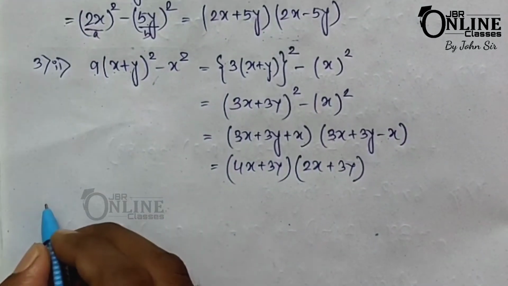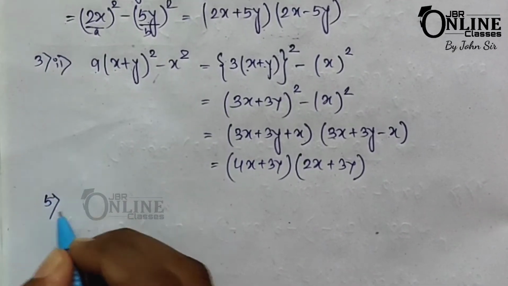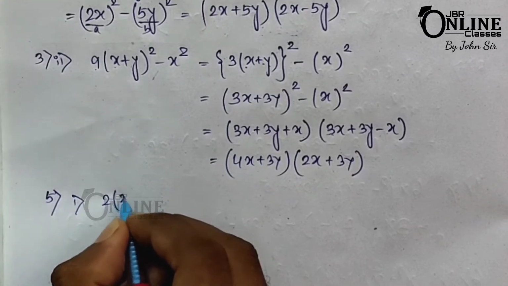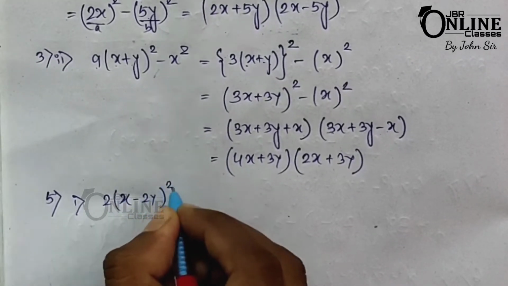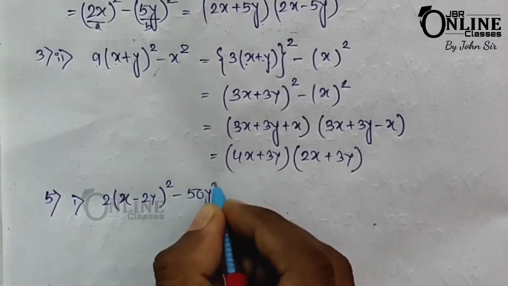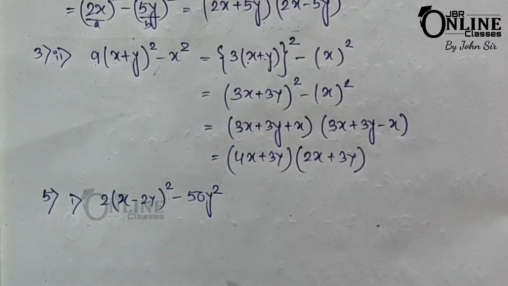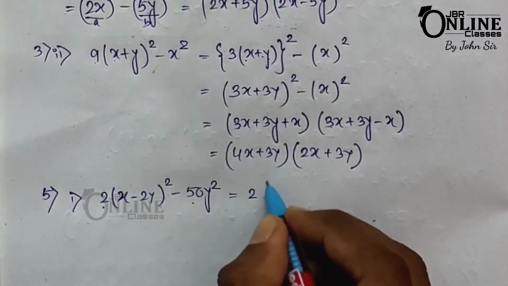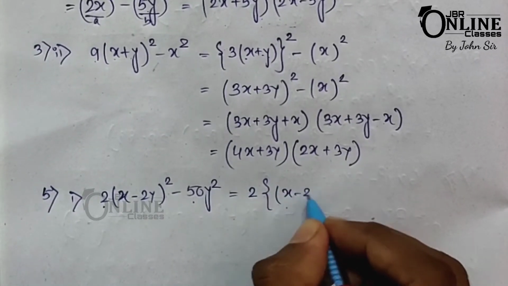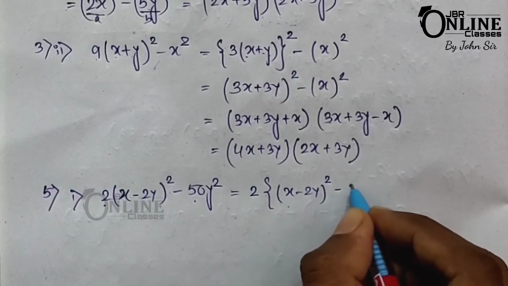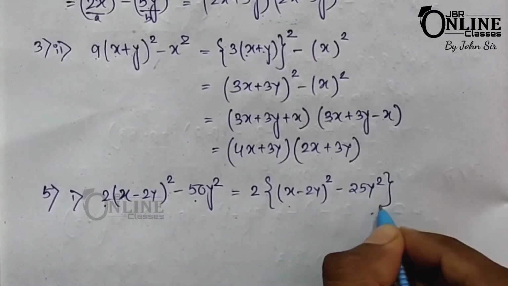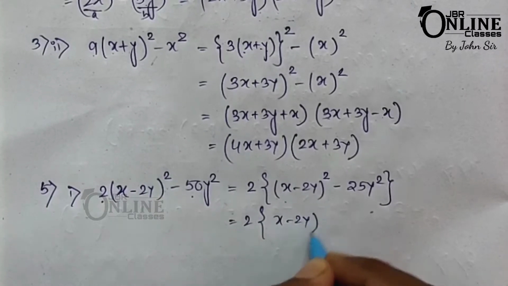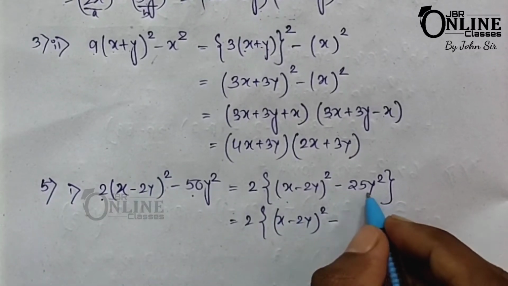Now next one, sum number 5. In sum number 5.1, 2 into (x minus 2y) whole square and then 50y square. So here 2 and here 50, then 2 will be common. If 2 is common, then it will be (x minus 2y) whole square and 25y square. Now the next thing is to write down (x minus 2y) whole square and here 5y square.